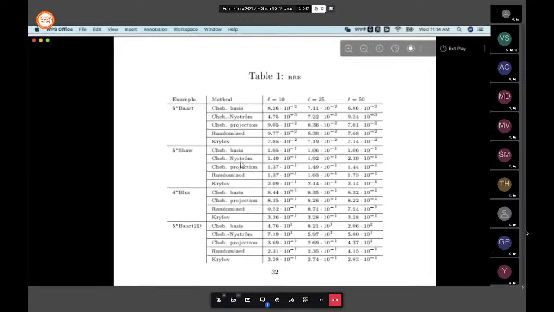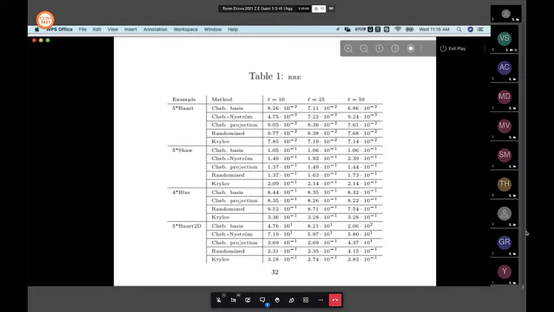As we can see in Baart and Shaw, the 1D problems, the Chebyshev methods work very well. This first table is the relative error, and then we have a table for time too. The Chebyshev methods work very well on Baart and Shaw, but on the Blur problem, the two-dimensional problem, the Krylov method works much better than both random and Chebyshev.